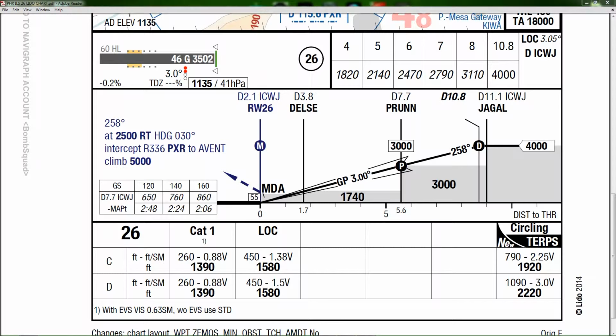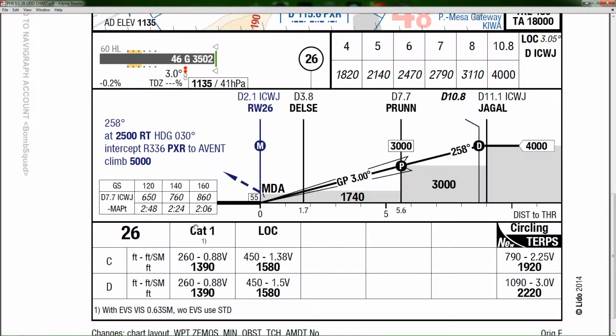And let's see what else. You've got your approach type, Cat 1 or localizer. A Cat 1 is the ILS, a Cat 1 ILS. A Cat 3 ILS, please feel free to correct me if I'm wrong, allows you to fly a full auto land.